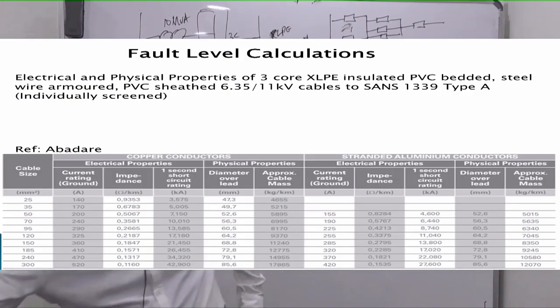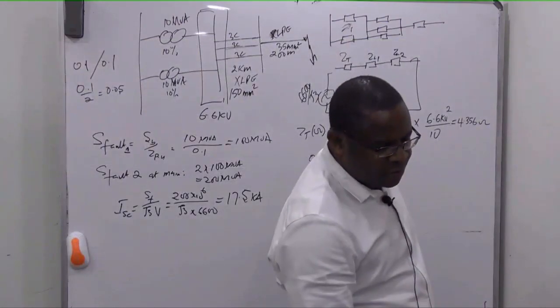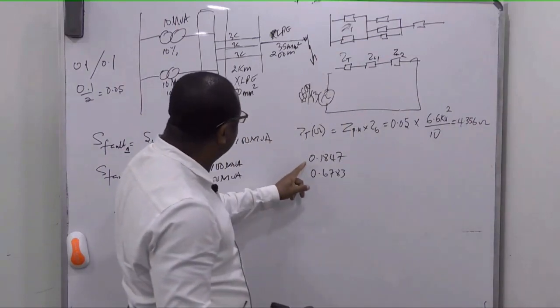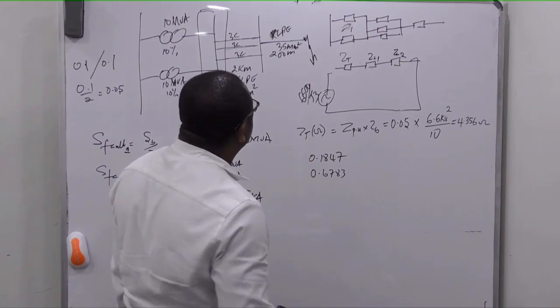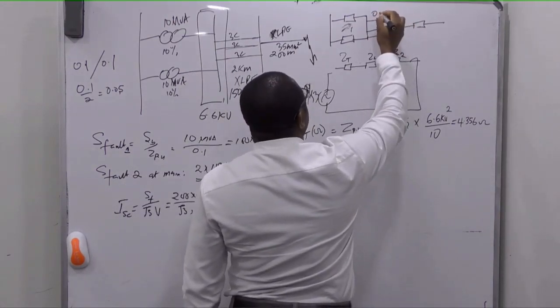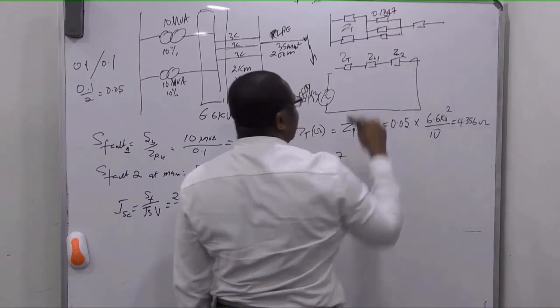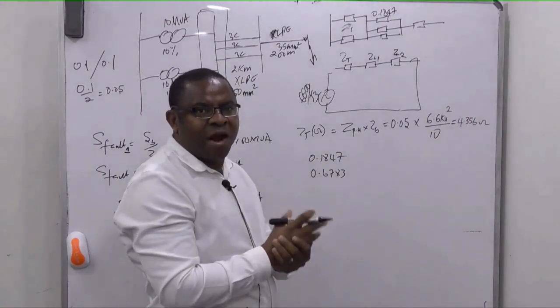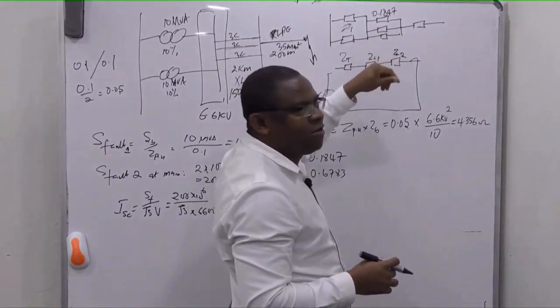All right. So for the 150 mm cable, the impedance is 0.1847 for each one of them, and since they are in parallel, to get the equivalent impedance you divide by 3.